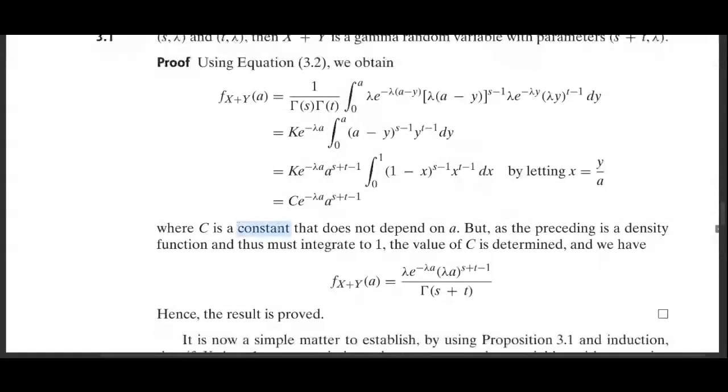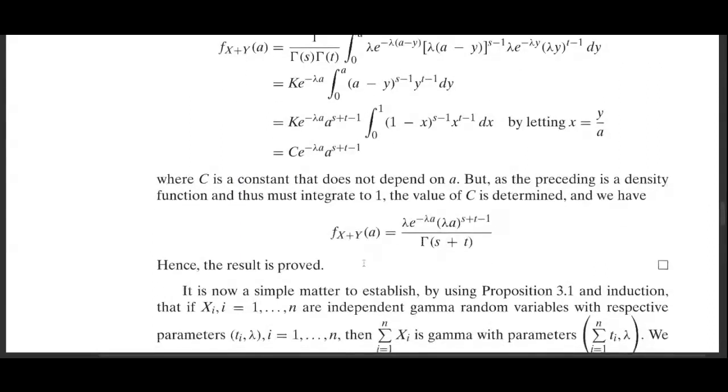So what is the c? C is a constant that does not depend on a. So we get this formula. See what's changed: a is here, a is here. We see this is a to the s plus t minus 1, and the gamma of s plus t. That's very nice.